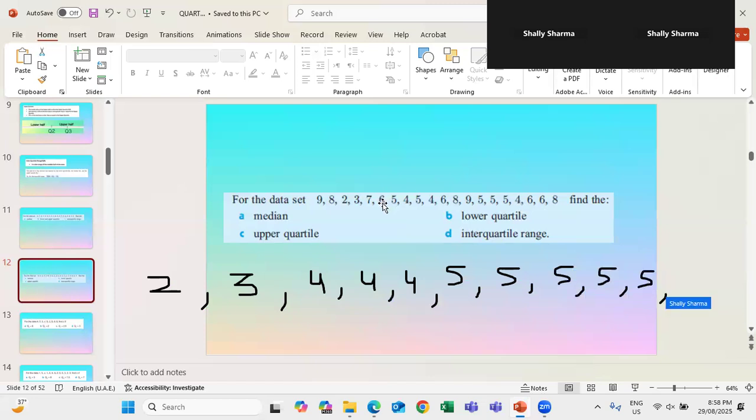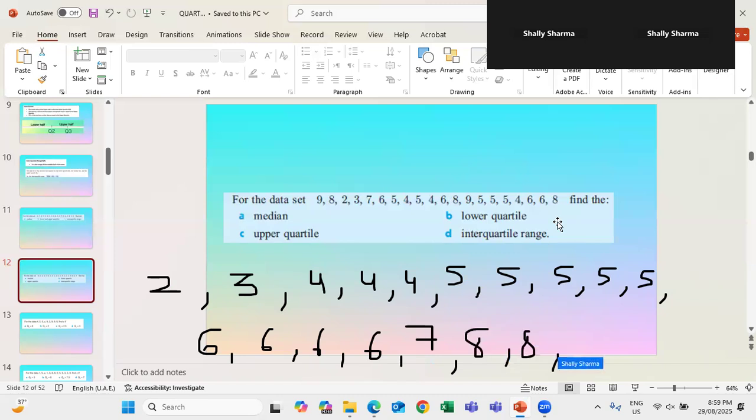Then we have 6, 1, 2, 3, 4 times. Then we have 7, only one time. Then we have 8, 1, 2, 3 times. Then we have 9, one time, two times. And let me count how many values these are. 1, 2, 3, 4, 5, 6, 7, 8, 9, 10, 11, 12, 13, 14, 15, 16, 17, 18, 19, 20.